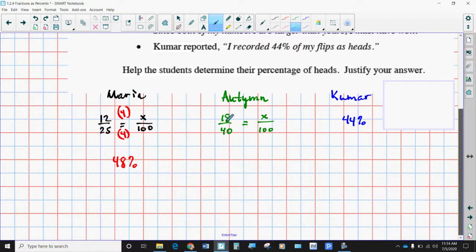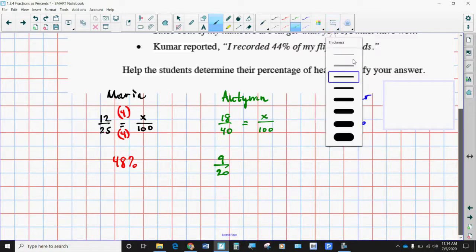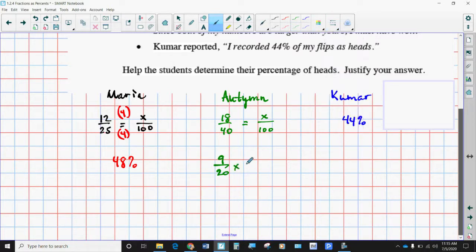I'm going to start off by writing 18 over 40 as 9 over 20. And now when you multiply 20 times 5, you get 100. So 9 times 5 is going to be 45, which makes this 45%. So it looks like Maria is the winner. She did 48%, followed by Autumn at 45%, and Kumar at 44%.